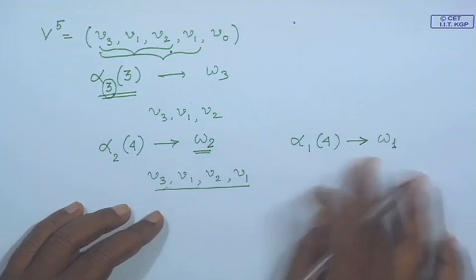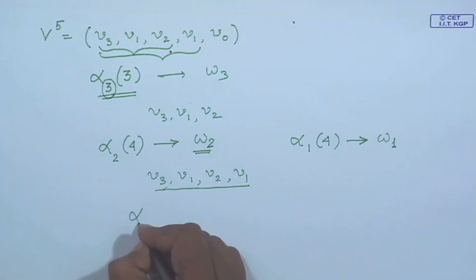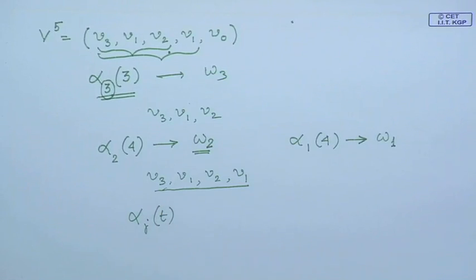So, alpha j t means that after generating the first t number of symbols, what is the probability that the machine will be in state omega j.